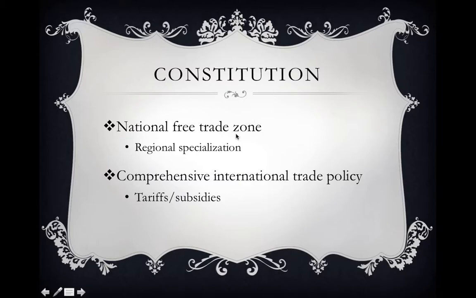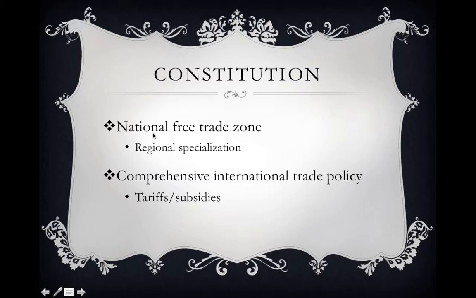So whatever your region, the comparative advantage your region has, that is what you will produce. You will produce the item that you can produce at the lowest opportunity cost. So by limiting the ability of the states to regulate interstate trade, you allow for regional specialization to occur and the benefits from regional specialization.